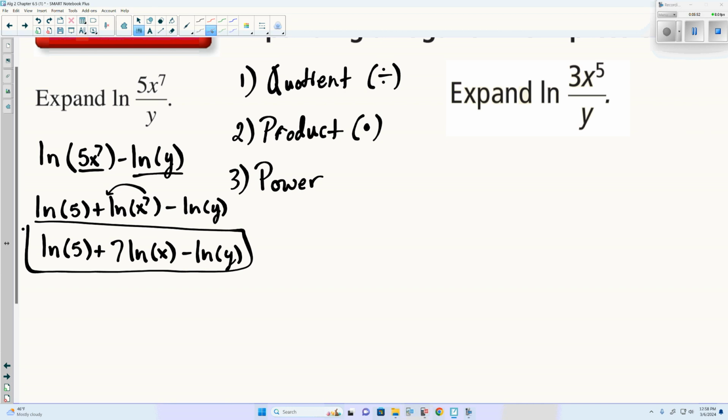So the first thing we would do in the order is quotient. So we'd have natural log of the top, which would be 3x to the fifth, minus the natural log of the denominator, which is y.